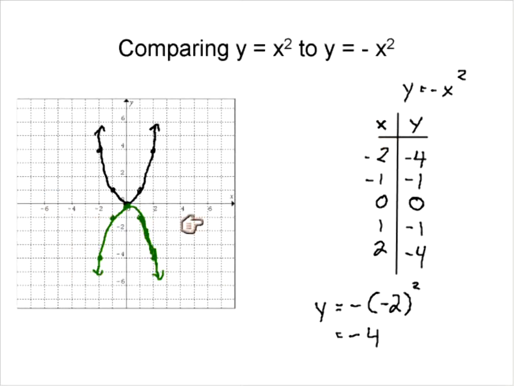So what we have here is a reflection across the x-axis. The only thing that's different between the two original equations is that one's positive, one's negative. So, of course, we can conclude that this negative sign causes this reflection. And that's the first property of quadratics: if there's a negative in front of the value, we have a reflection across the x-axis.